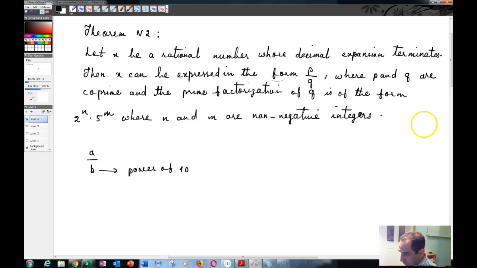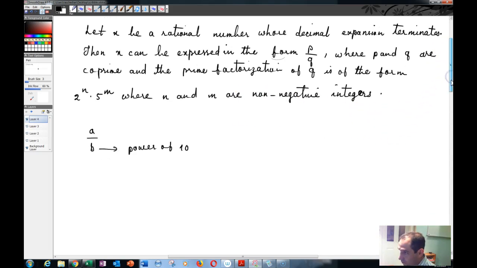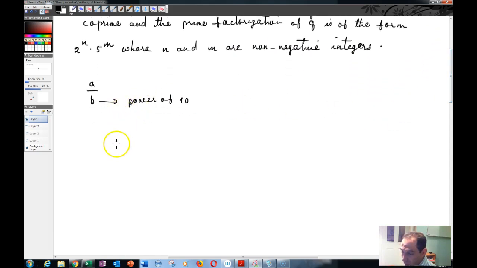For example, let's say you have 3 raised to the power 2 times 5 raised to the power 2 over 2 raised to the power 3. Whatever that number is, you want to express it as a terminating decimal number. It's possible.